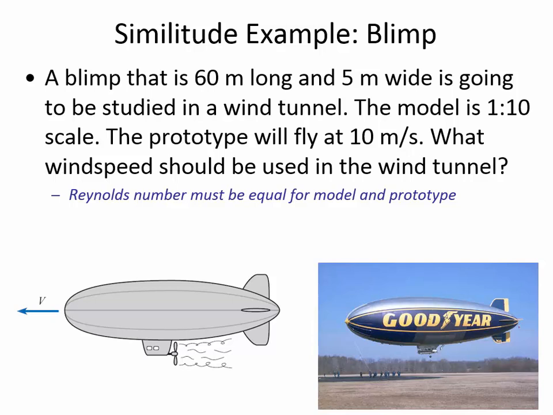The equation for the Reynolds number is the velocity of the liquid, a length parameter, density divided by the viscosity of the fluid.